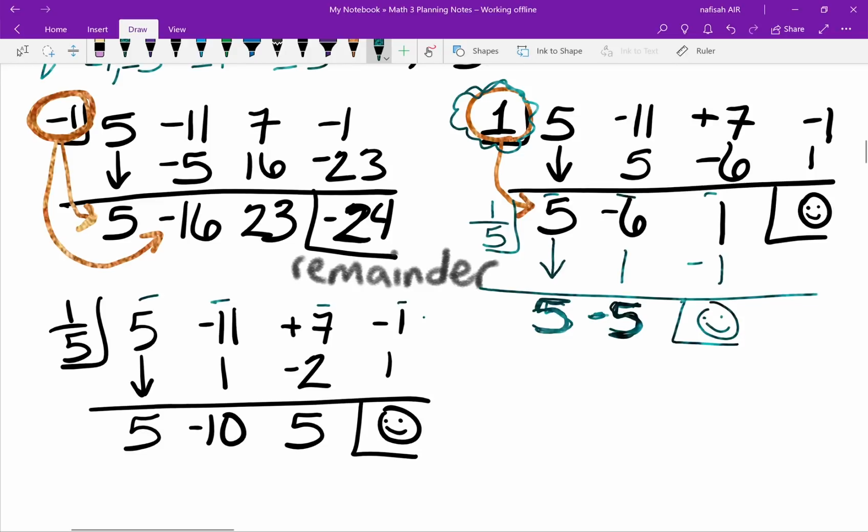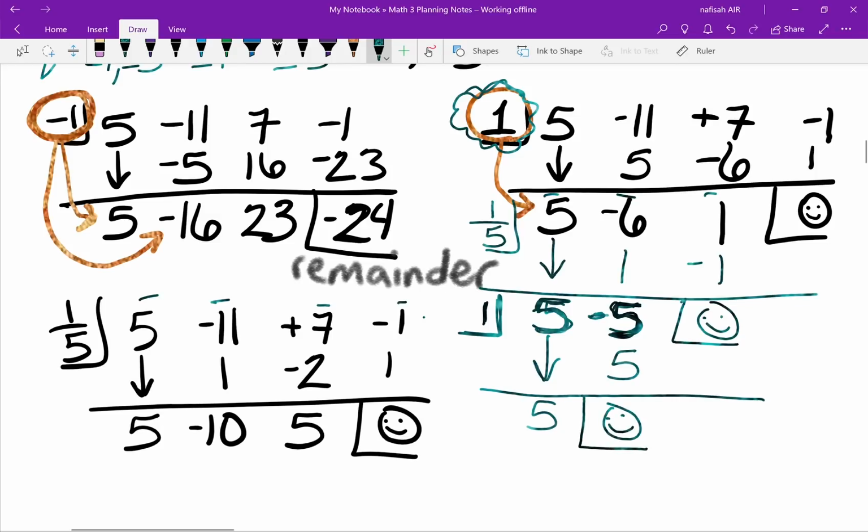If I were to take 1 and do it all over again, bring down my 5. 1 times 5 is 5. Negative 5 plus 5 is 0.